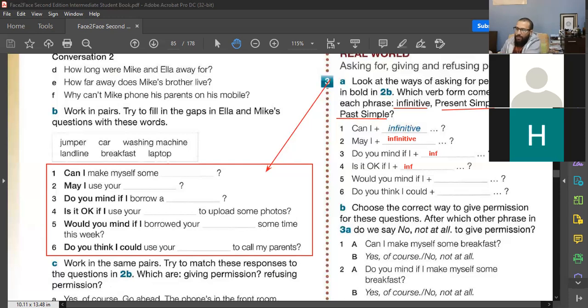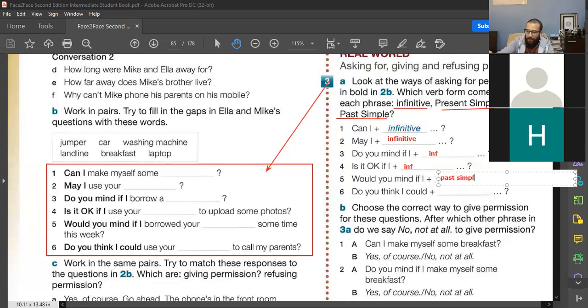What about number 5? Would you mind if he? What do you think? What do we use here? Here the verb with ed. Okay. So this means past simple, right?